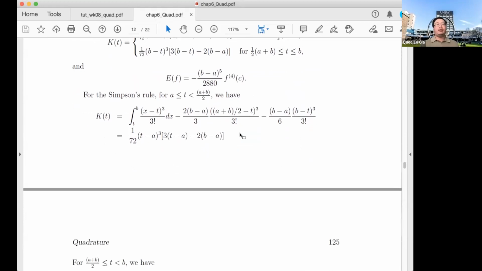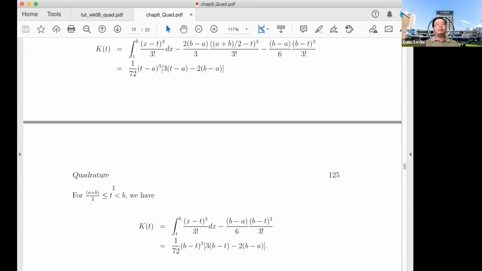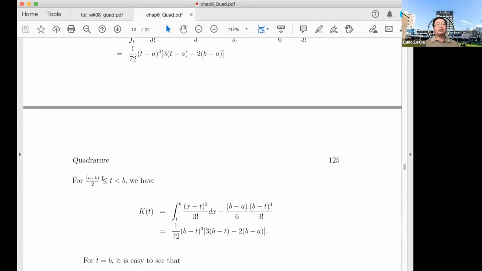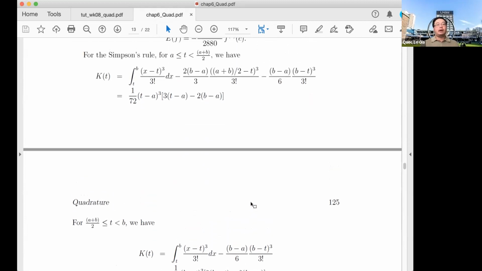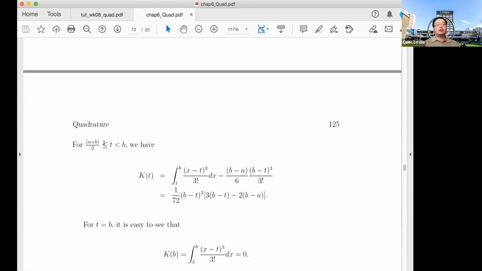And then if t is bigger or equal to the midpoint, then you take only the point B. So t here is strictly less than the midpoint, and t here is greater or equal to the midpoint. Then you take only the point B, and then you get this.